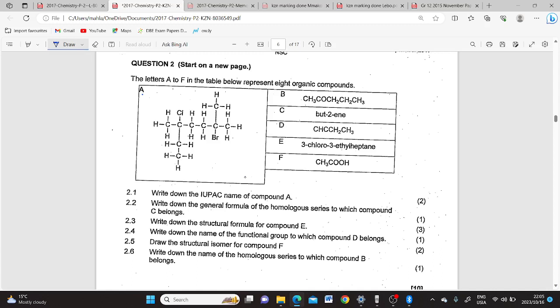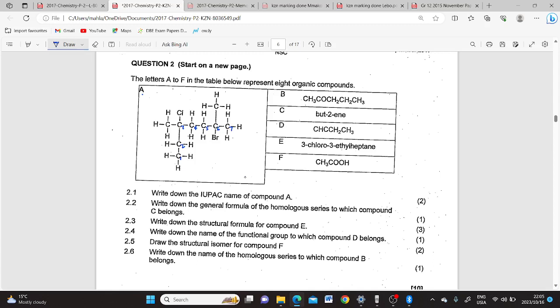Here's compound A. Now look at compound A, we're going to check the longest chain first. So we can start from, let's just give it the benefit of doubt, say 1, 2, 3, 4, 5, 6, 7.